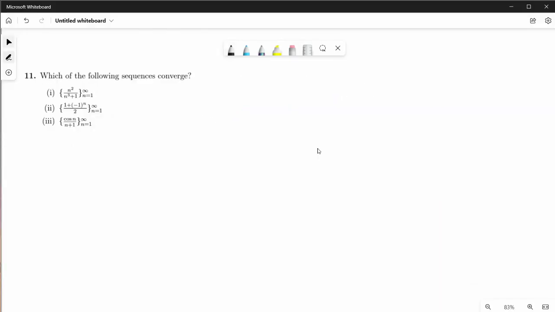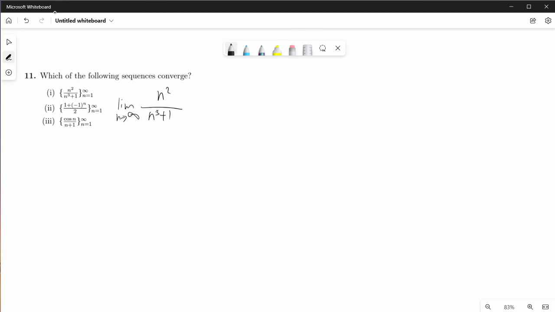For 11, we have 3 sequences, and we determine if they are convergent or not. So for number 1, we have n squared on top and n cubed plus 1 on the bottom. To determine convergence, I'm going to take the limit as n approaches infinity.